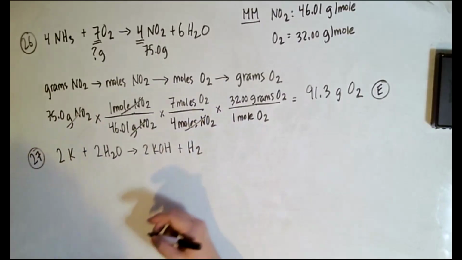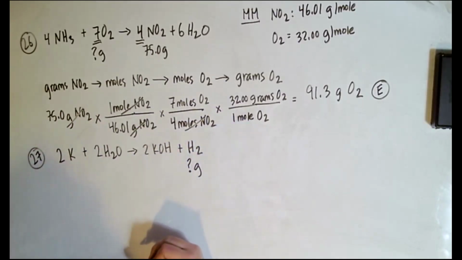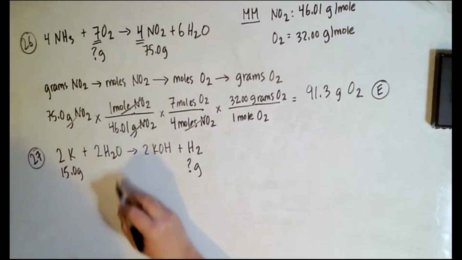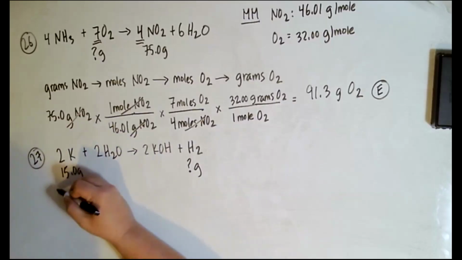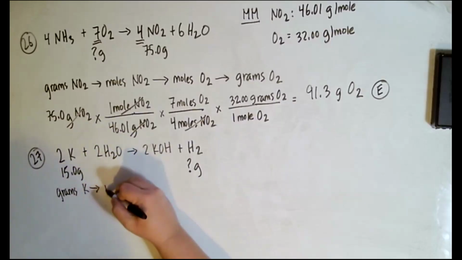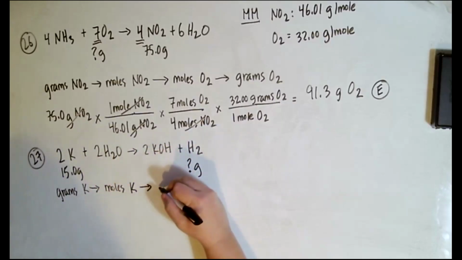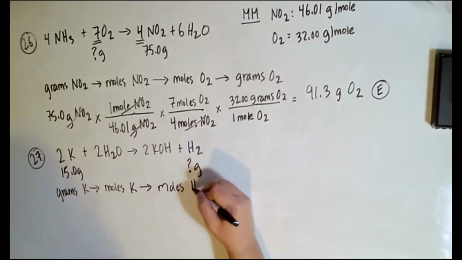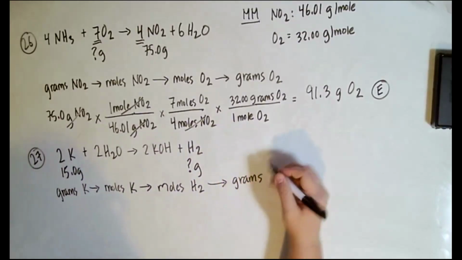Okay, here they say what mass of H2 is produced when 15 grams of potassium reacts with water. So in this case, we're going to be going from grams of potassium into moles of potassium into moles of our hydrogen, our H2, and then into grams of our hydrogen.